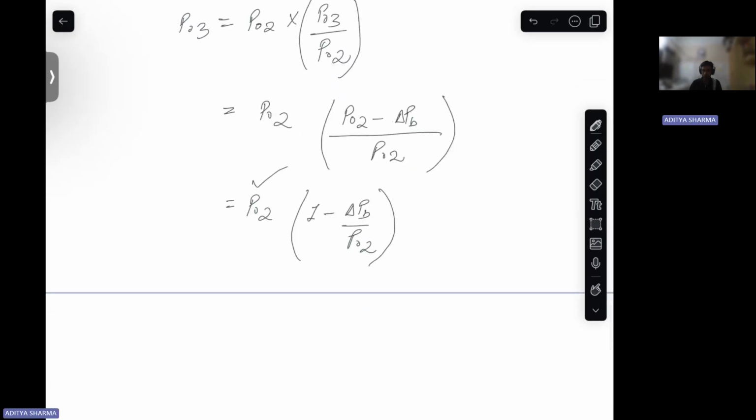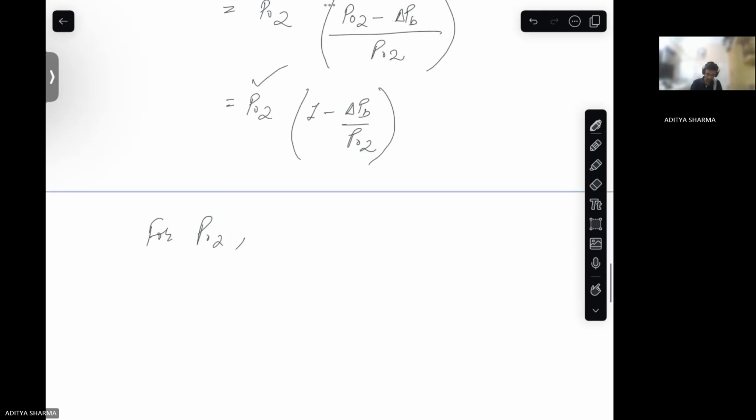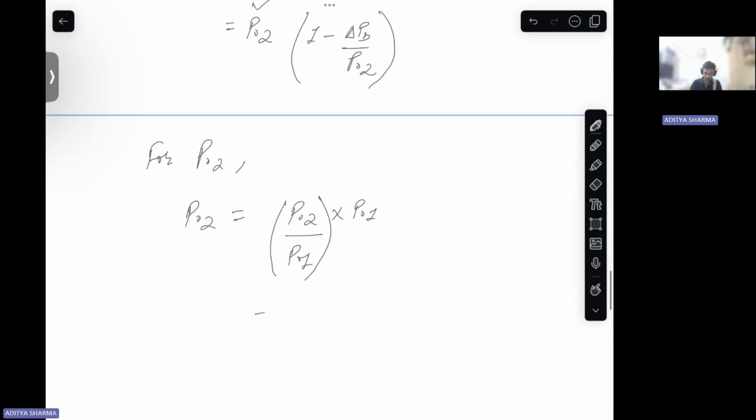Now, do we know P02? If you see, P02 is not given anywhere. Okay? You need to calculate this. Same way for P02. P02 is equal to P02 into P01 by P01. For this, we know what is this.